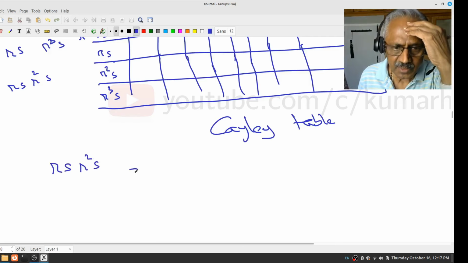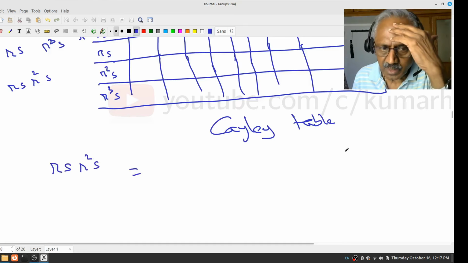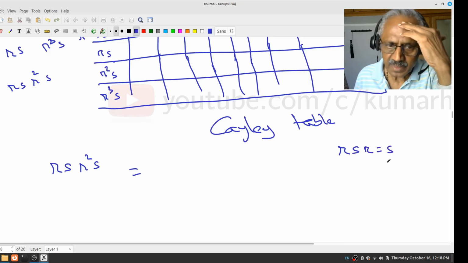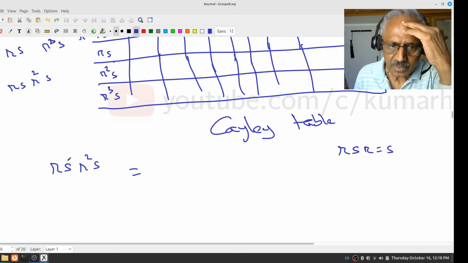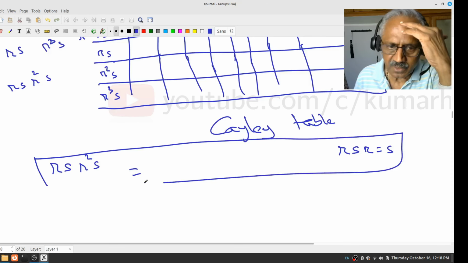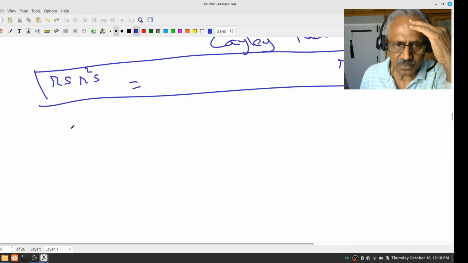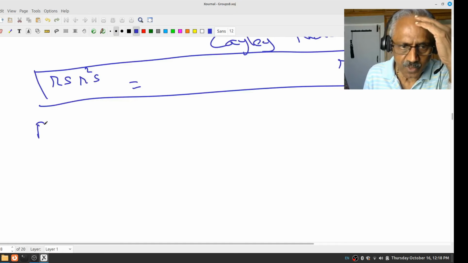So let us do, for example, RS into R squared S. Now let's look at our formula. Our formula is RSR equal to S. Before going further, let us do first a few observations.